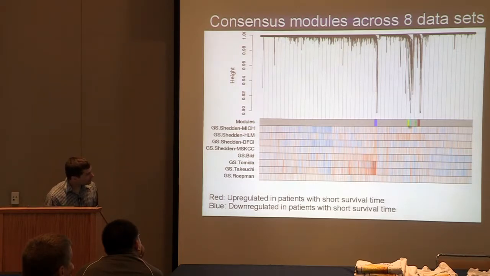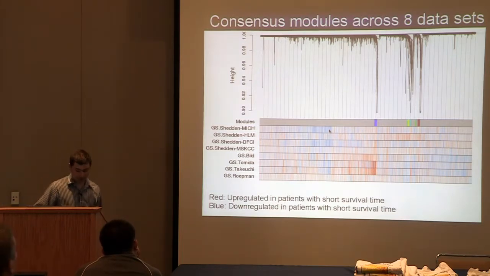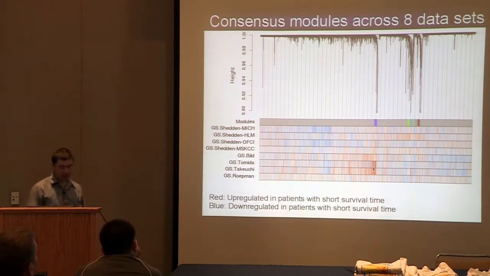But we did find 5 modules here, and this heat map below the dendrogram tells you how each gene relates to survival time. Where you see blue color, those are genes that are downregulated in patients with short survival time. And where you see red, like here, those are genes that are upregulated in patients with short survival time.